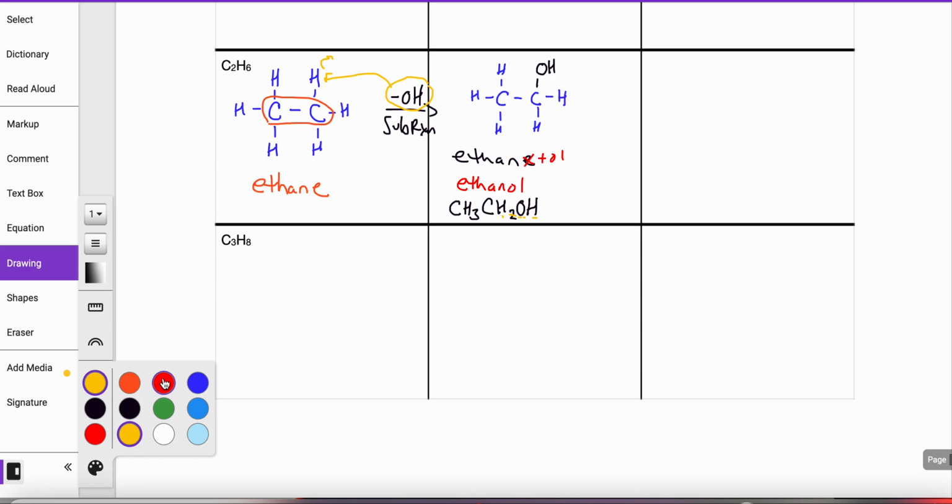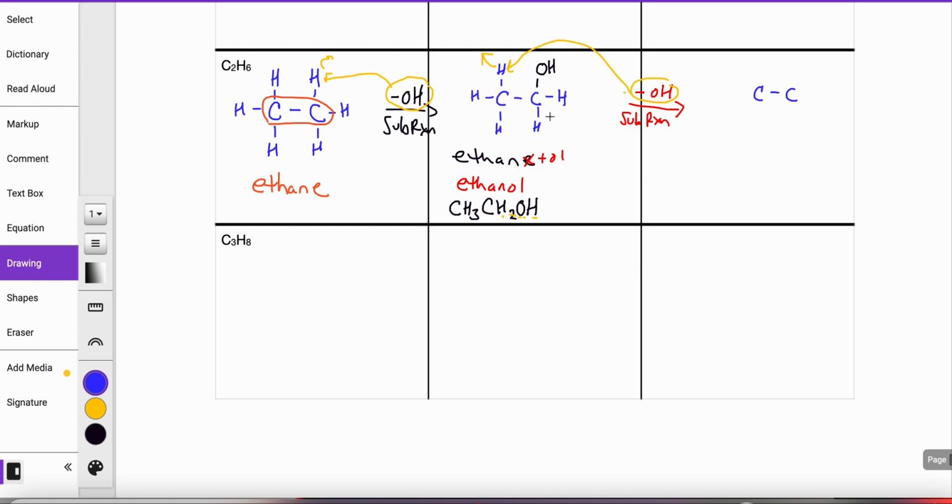Okay, so now I am going to put this through a second substitution reaction. So I'm going to replace one of these hydrogens with another OH. So this OH is going to come in and it is going to replace that hydrogen. So when I draw the structure, I still have my 2 carbon chain.